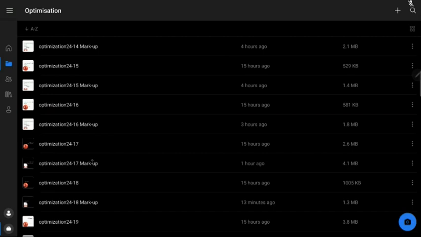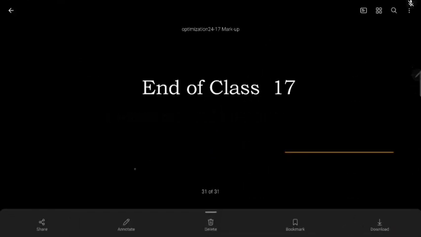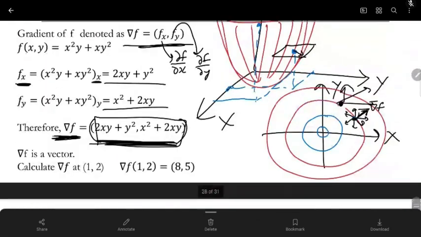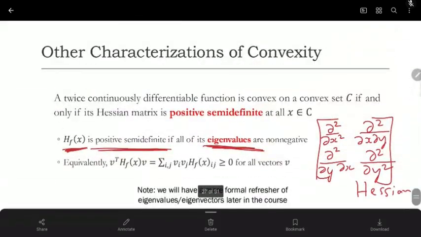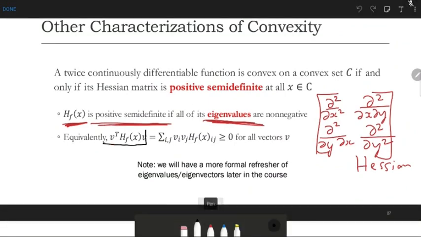No, it's in the previous slide. Ah, here. I was talking about this one. So this is what I found.